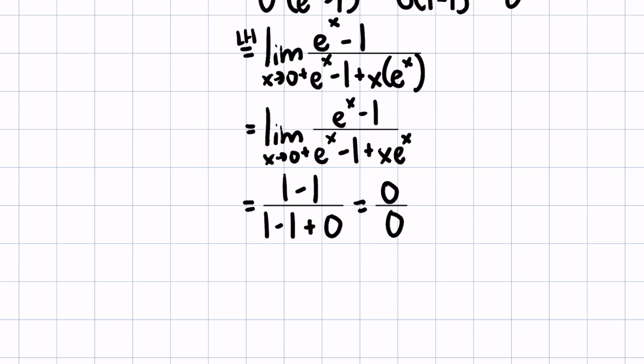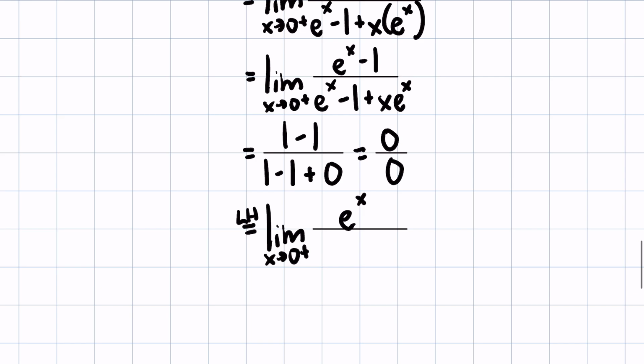So we L'Hopital again. Now the numerator will just become e to the x, and the denominator will become e to the x plus e to the x plus x e to the x.